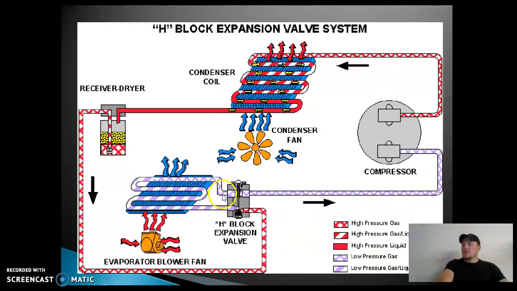Then that low pressure gas travels through the backside of the H block. That H block, once again, opens and closes the orifice, and then it gets sucked into the compressor, where, in a closed system, it goes back through the whole system again.